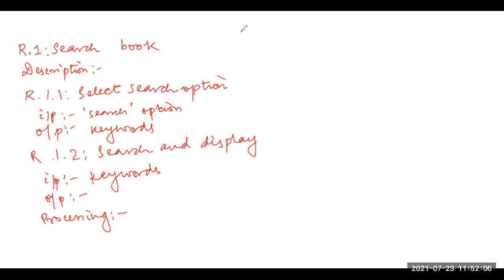Suppose I am talking about renew a book. Different high-level functions will have different functionalities. Suppose I am talking about another function, renew book. Whenever I am declaring a function, I need to give a description, and this description will be in words, right?